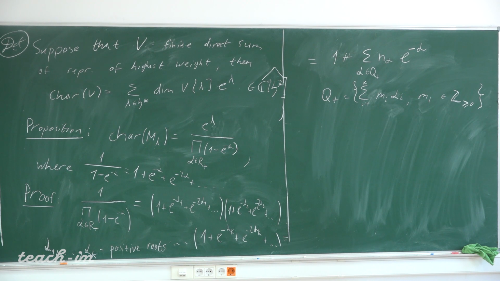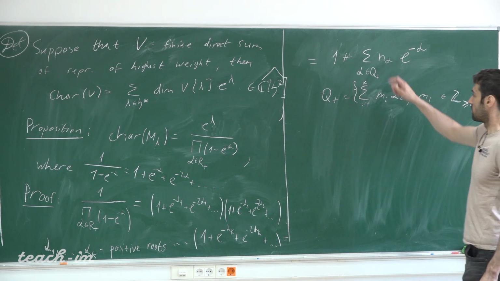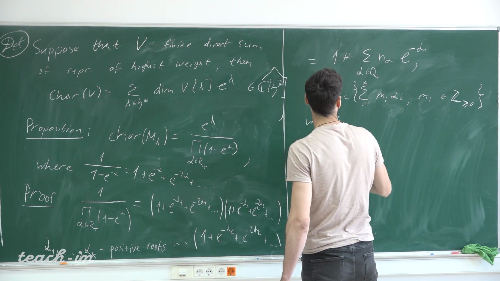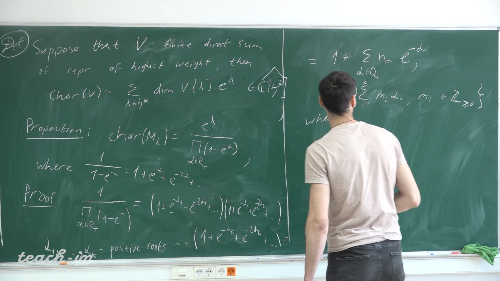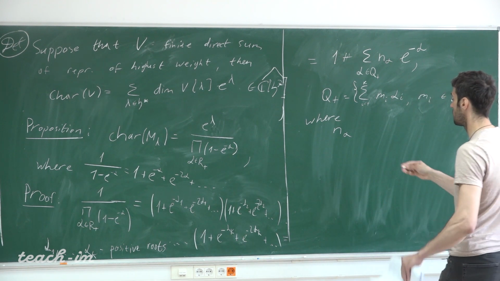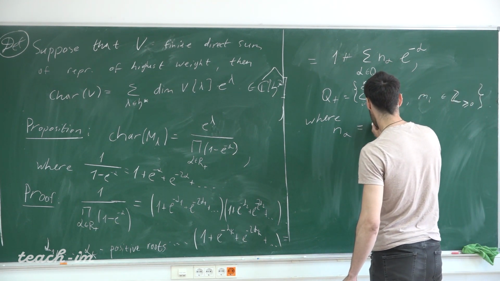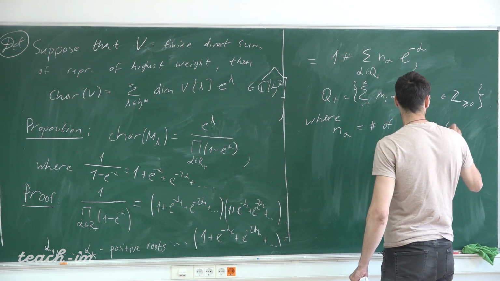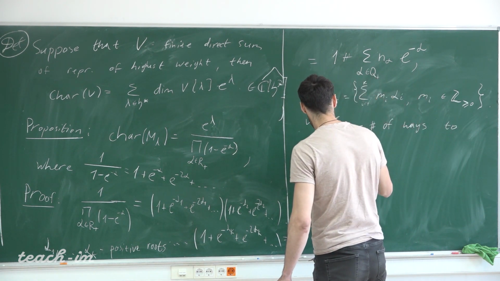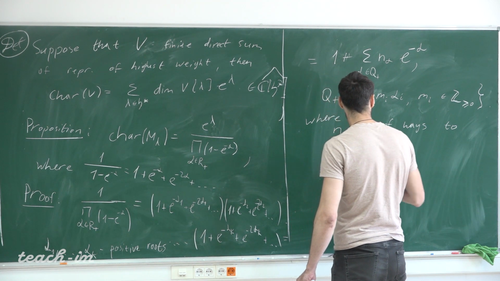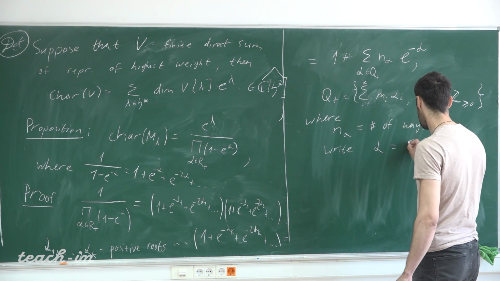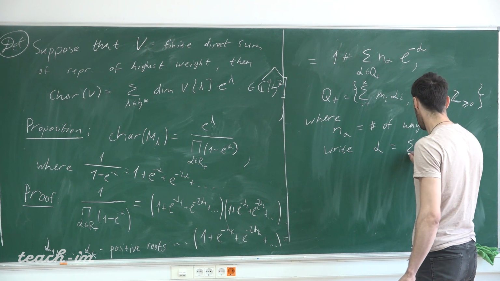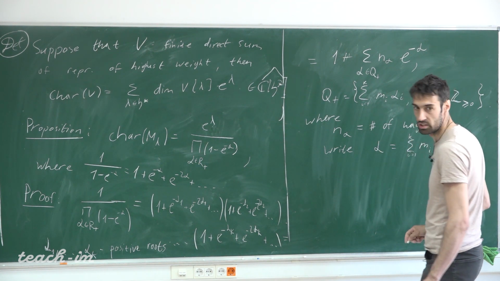Very well. So here, it's easy to see what n of alpha is. It's just the number of ways to write alpha as a sum of m_i alpha_i, i from 1 to k.